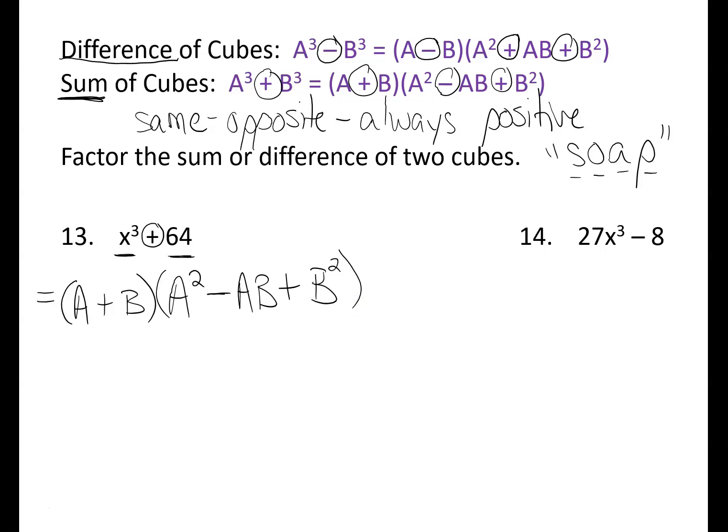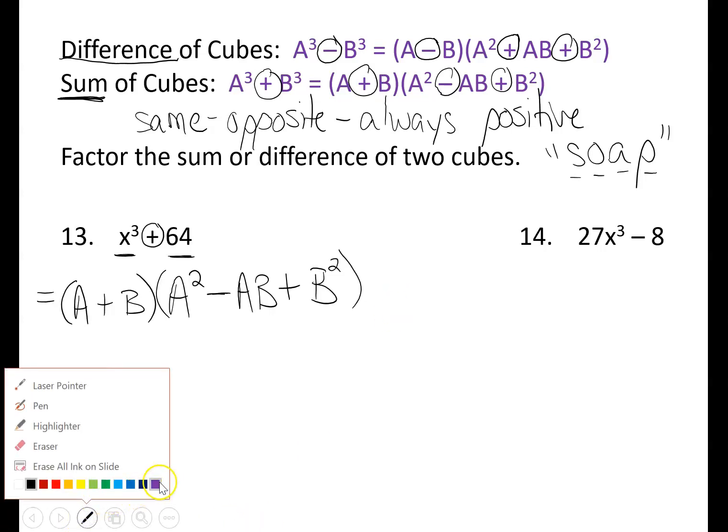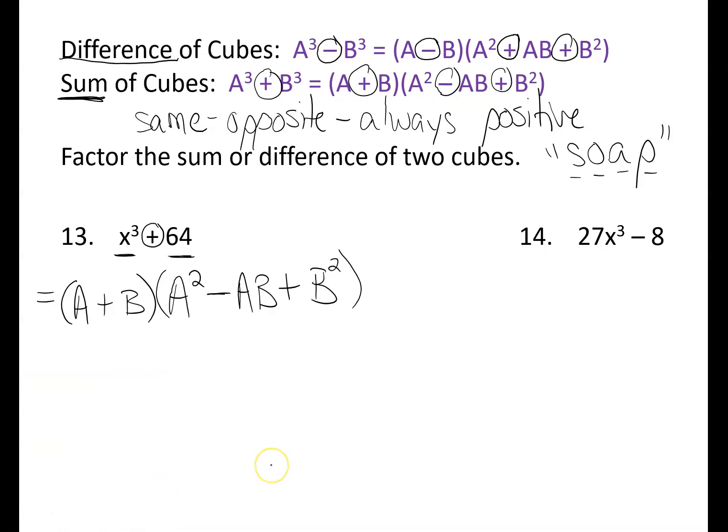Now, the A and the B are the cube roots of the 2 terms in the polynomial. So you may want to go out to the side and write that. I'm going to write it out this time.